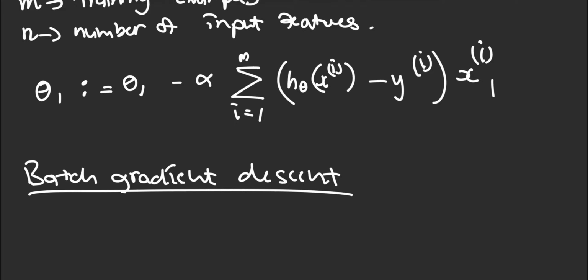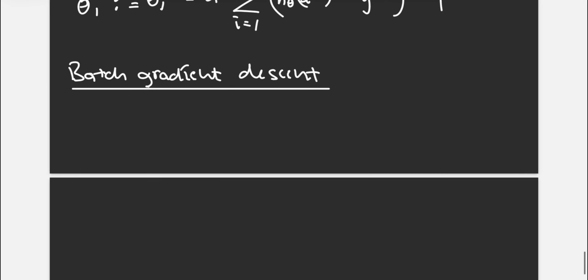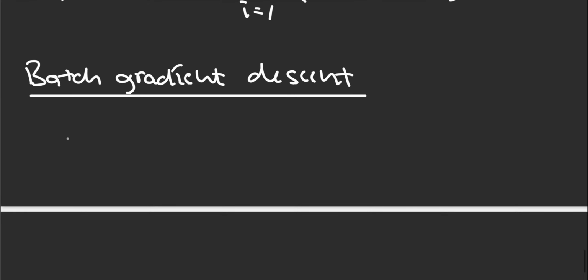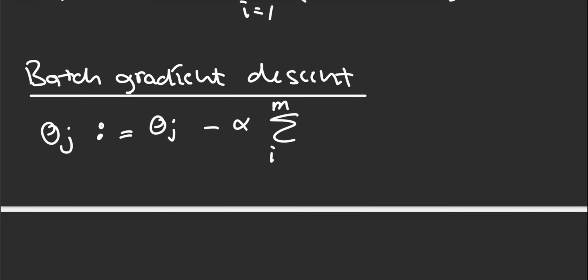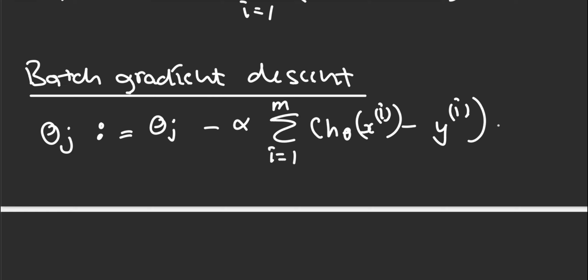If you look at batch gradient descent, bear in mind that whatever value of theta j you want to update can be updated by following this rule: theta j minus alpha times the summation for i equals 1 to m, for the whole m being our training data set, of h theta of x to the power of i minus y to the power of i, multiplied by x to the power of i j.